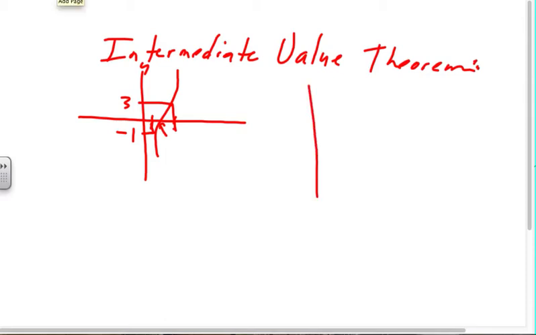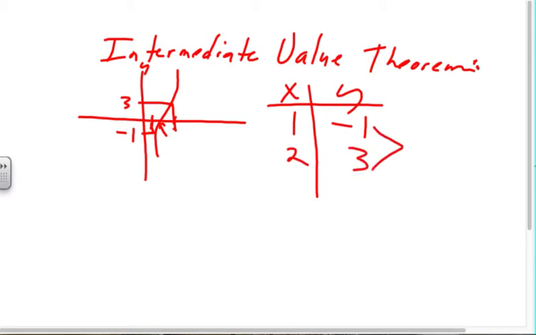What this looks like on your table is you'll have x and y, and when you come in, you'll see 1, negative 1, and then you will come over and you will see 2 and 3. Now notice the change in sign. So because we're going from a negative to a positive, at some point or other we're going to have to go through 0.